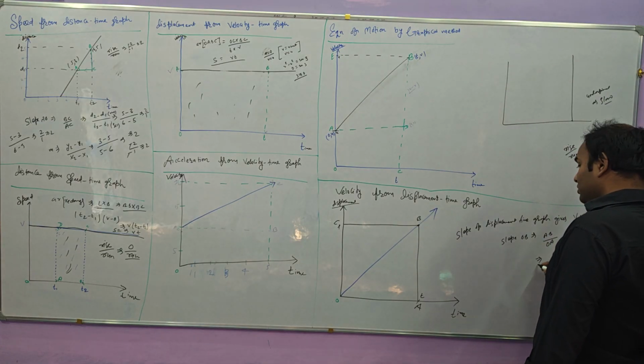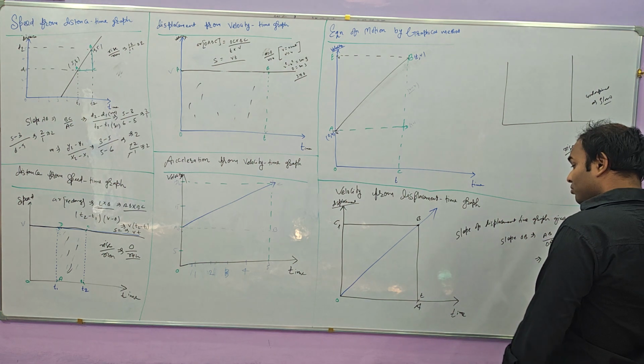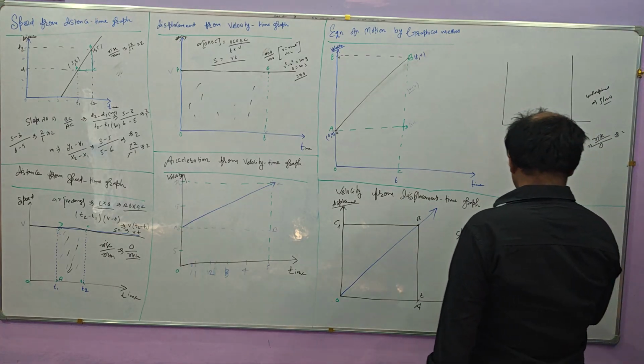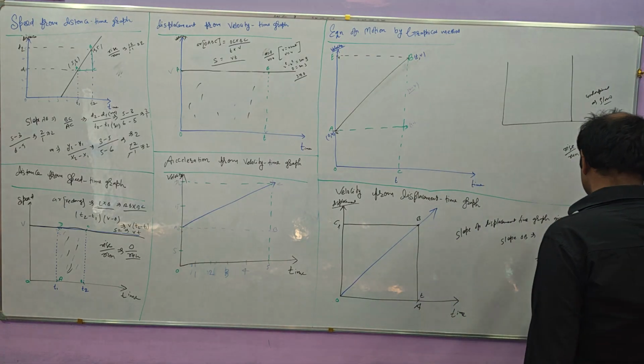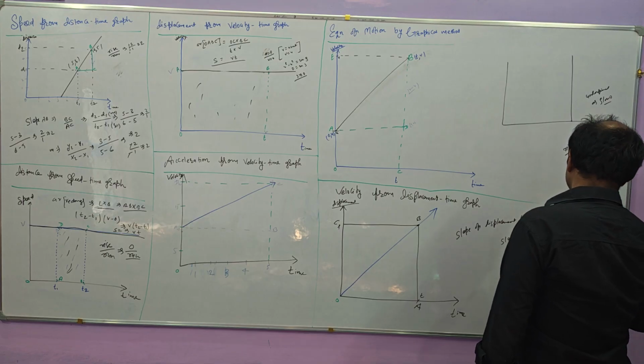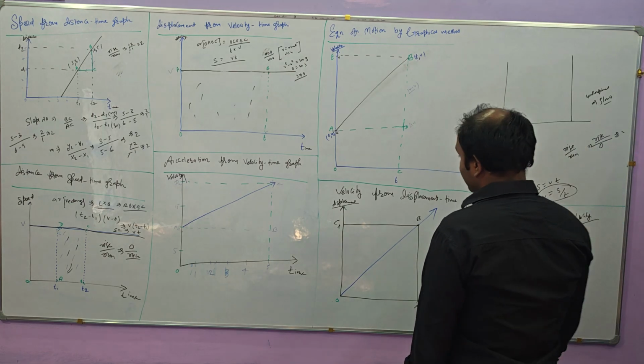AB is equal to s, OA is equal to t, and the slope is equal to s upon t, so s is equal to vt. Again we get v is equal to s upon t.